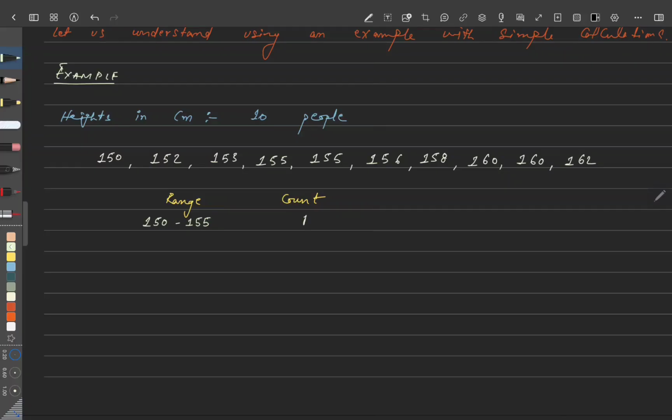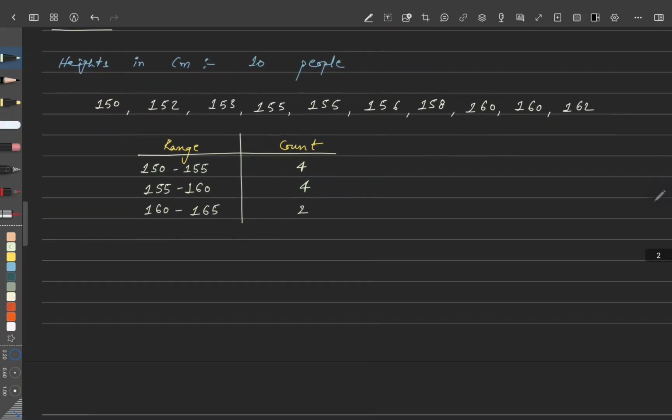So we have 4 of them. Any height between 155 and 160 would be counted here. We again have 4 of them. You can verify. I won't take too much time to do these calculations because these are very easy. And the height between 160 and 165 lies in this range, and we have 2 of these. So this is our very small frequency table.